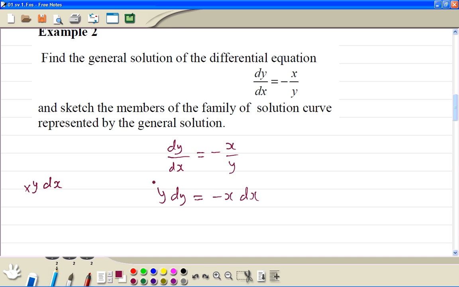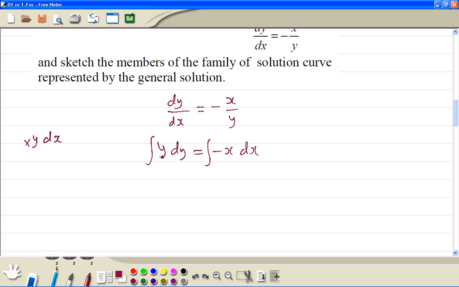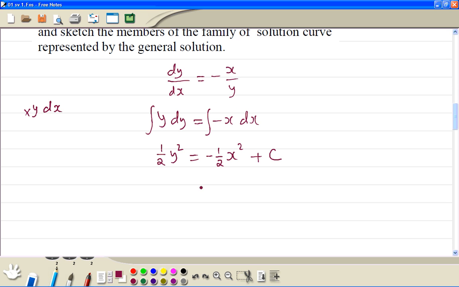Then you add the integral sign. Now we integrate the left hand side with respect to y, we get half y squared, here we get minus half x squared plus the arbitrary constant c. We take the x squared term to the left, we have half x squared plus half y squared is equal to c.